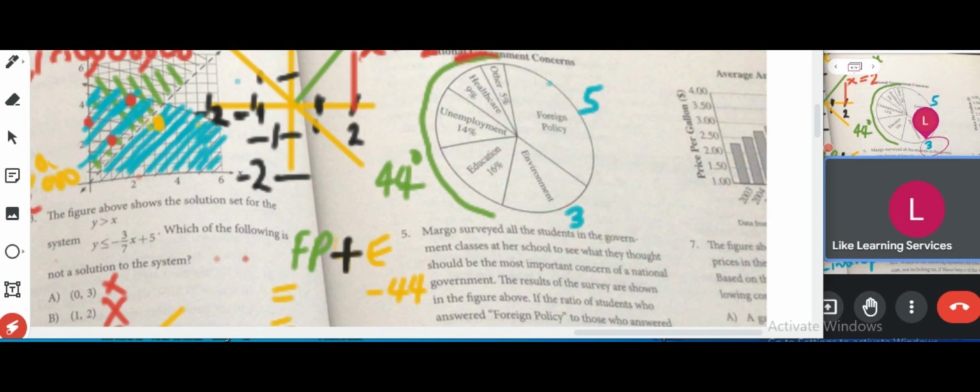So we can see others is 5%, healthcare is 9%, unemployment 14%, education is 16%. So the total percentage of these ones given is 44%, not 44 degrees. Are you still with me? Yes. 44%, not 44 degrees.